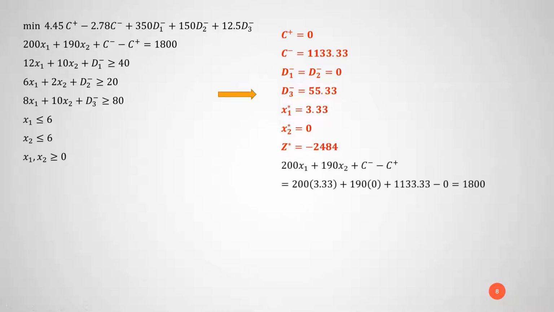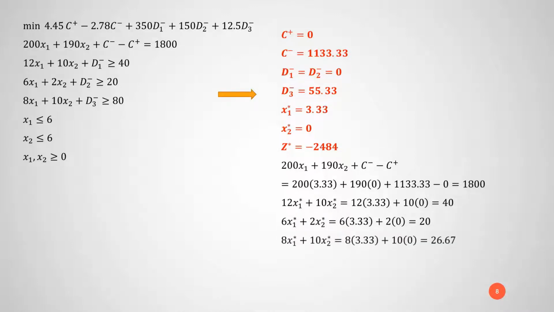Now let's replace the values in all of the constraints. For the first goal, it is exactly 1800, so I've done a good job here. For the next goal, regarding the product number 1, I have 40, which is good. The next one, 20, again, it's good.